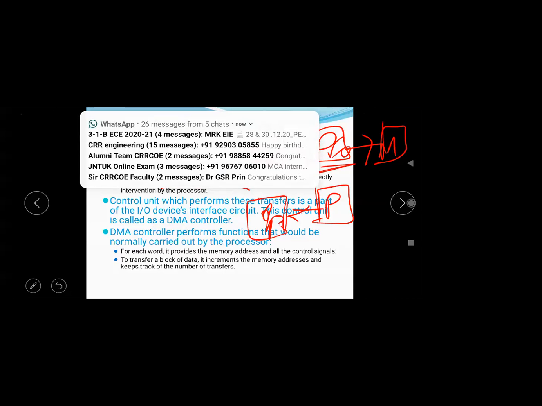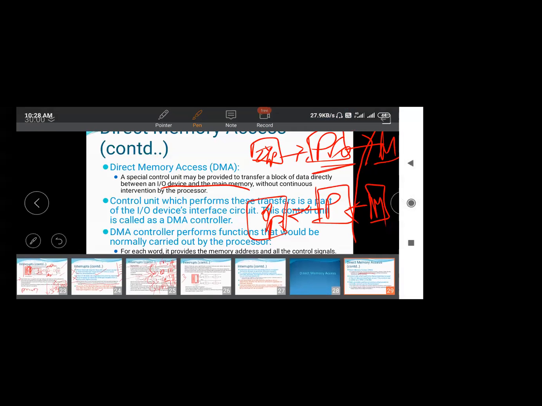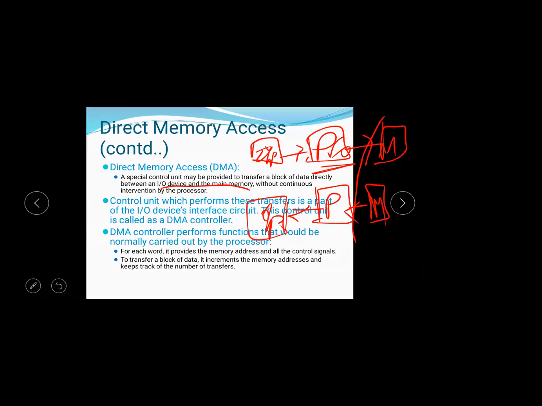Similarly, the processor sends the output data to the output devices, which comes from memory only. The data will be available in the memory. The ultimate storage is the memory unit only.